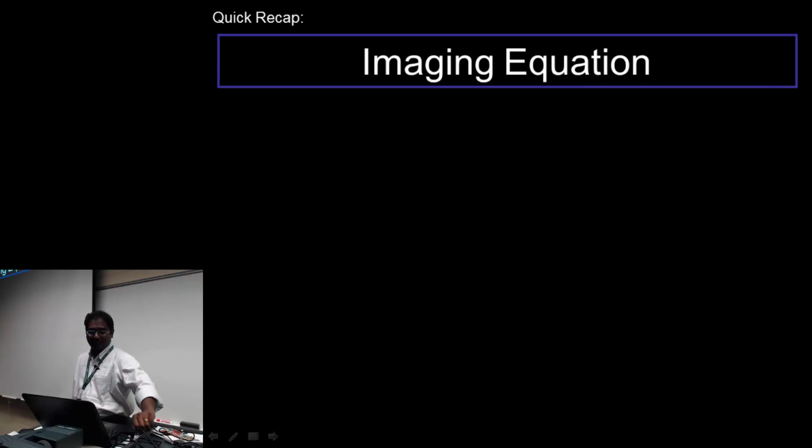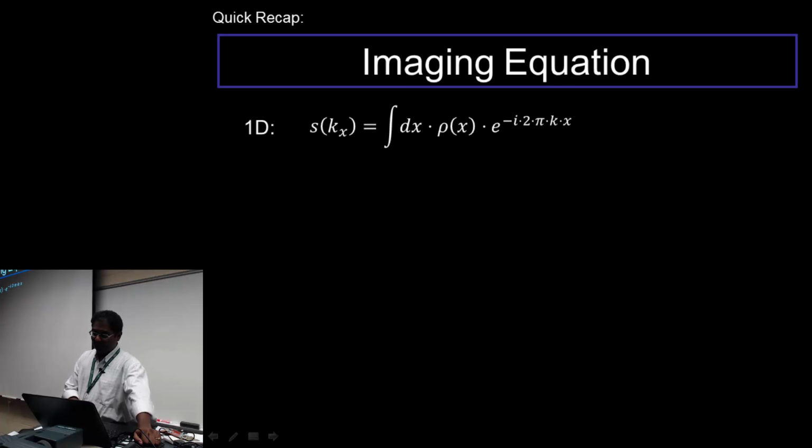We'll start with the recap of what we did last time. It's a bit of material, so just briefly, we went through this imaging equation in one dimension. The effective spin density rho x is related to the signal that you're sampling in the time domain through the Fourier integral, and by variable substitution, your Fourier conjugate variables are x and k, x being the spatial domain variable and k the spatial frequency domain variable.